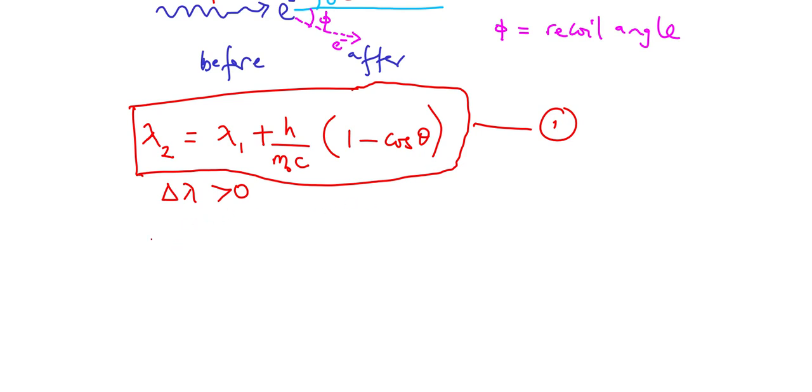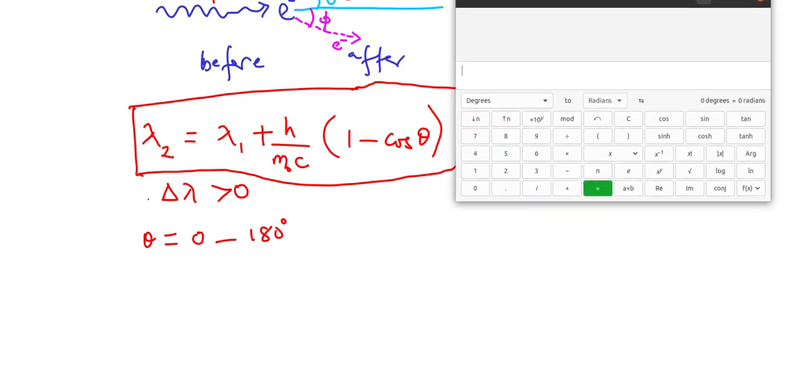If theta ranges from 0 up to 180 degrees, what will be cos 0? Cos 0 is 1. And what about cos 180? Cos 180 is minus 1.